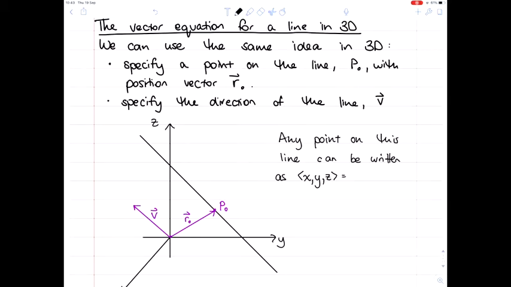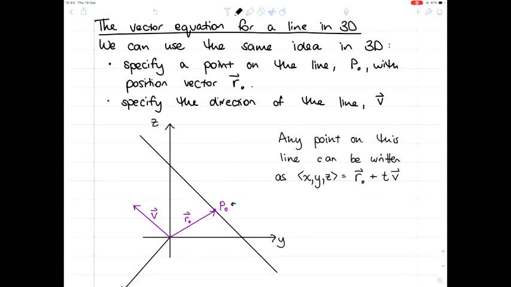So this corresponds to the y if you're looking in 2 dimensions. So the point on the line is going to be equal to R0, which is the position vector of the point on the line, plus some scalar multiple of the direction vector.